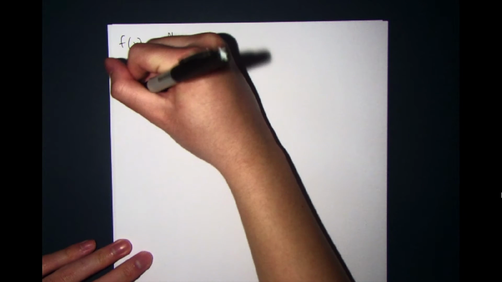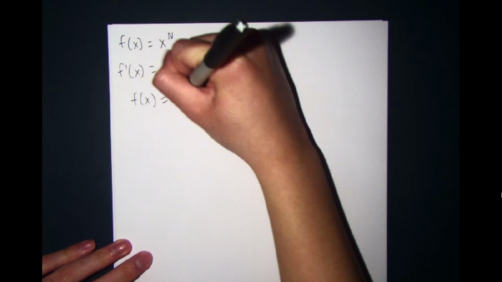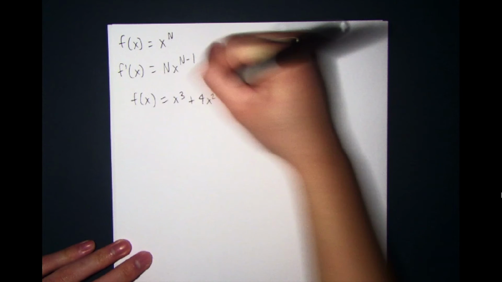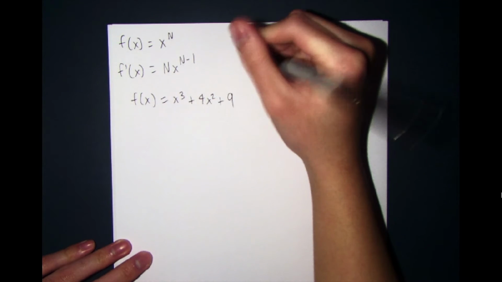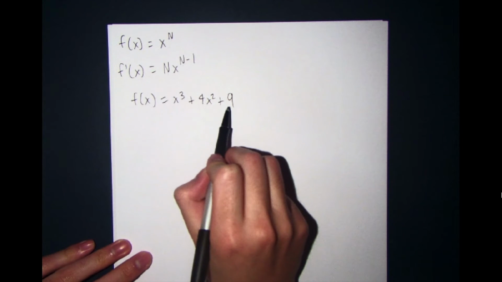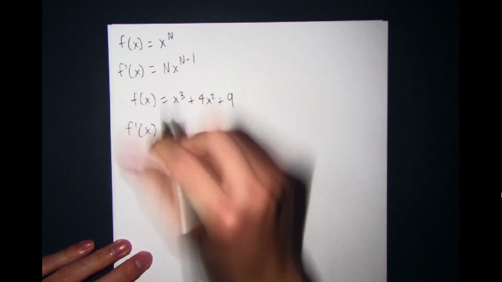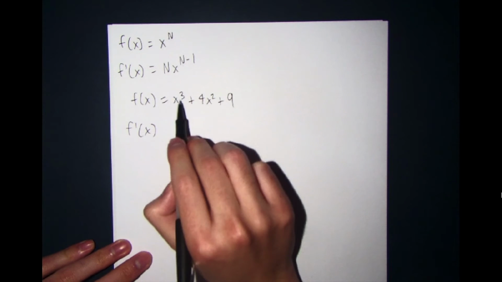The first one would be f of x is equal to x cubed plus 4x squared plus 9. Now, we can use the power rule on each one of these terms, and we can get the derivative. So the derivative would be, in this case, the n value would be 3.